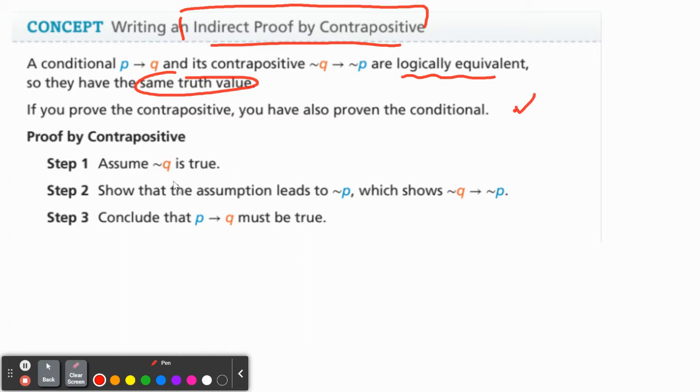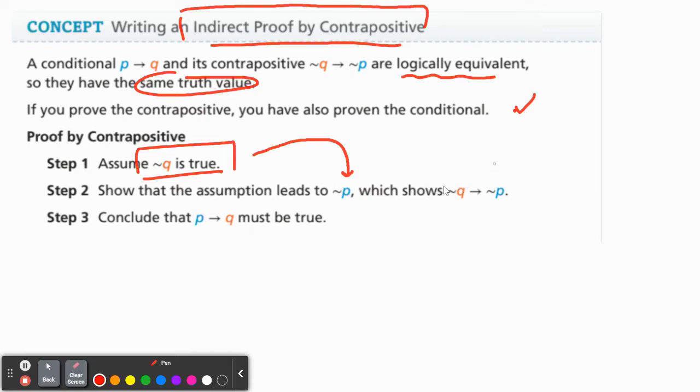So what we're going to do is assume that Q is not true, or assume not Q is true. What this is going to lead to is not P, that the hypothesis is not true, which is then going to show that not Q will lead to not P. And this is your contrapositive.